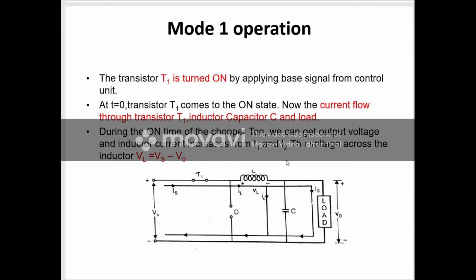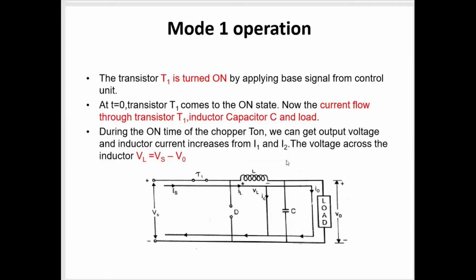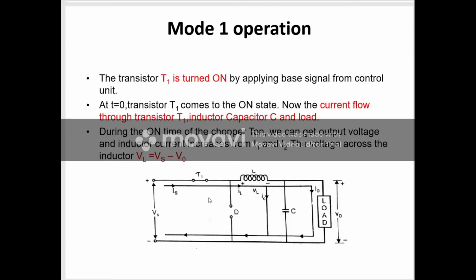If we apply voltage across a resistance, the current suddenly increases to a constant value. But in the case of inductor and capacitor, the current flowing increases slowly. During that condition, the current flowing through the inductor increases from some I1 value to I2 value. Remember that.